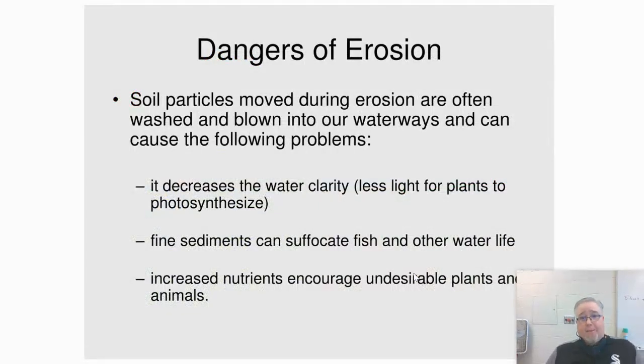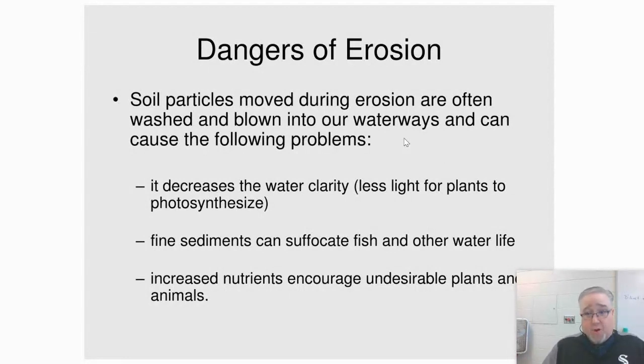All right, the final thing here today is some of the dangers of erosion. What are some of the impacts of soil moving from one area to another? One of the biggest impacts that erosion has is on water. It says here soil particles moved during erosion are often washed and blown into waterways, things like rivers and streams and lakes.